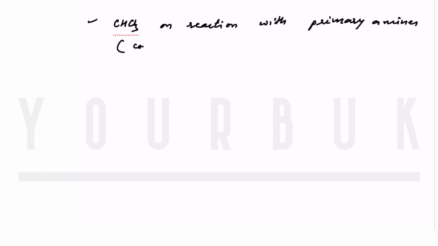Next is chloroform on reaction with primary amines. Primary amines means compounds containing the NH2 group. Any compound containing an NH2 group is called a primary amine.